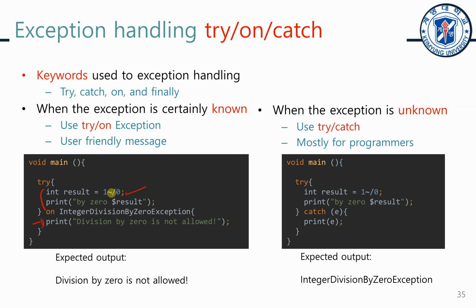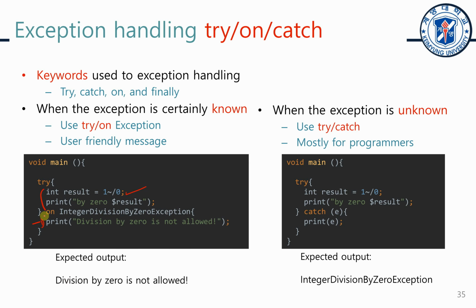The result is 1 divided by 0, but this is impossible to do, right? So at this point, this is an exception. When you try this, you throw this exception. So you can give the user a message: dividing by 0 or division by 0 is not allowed.